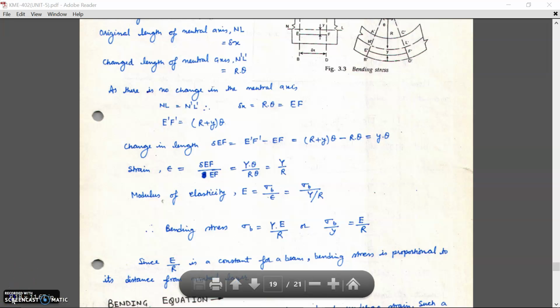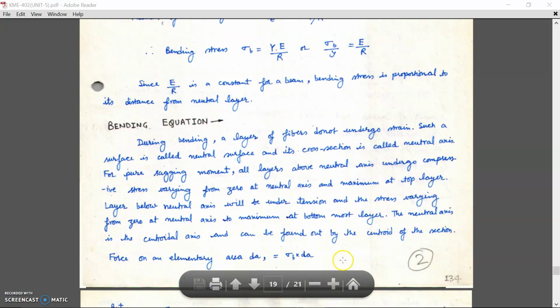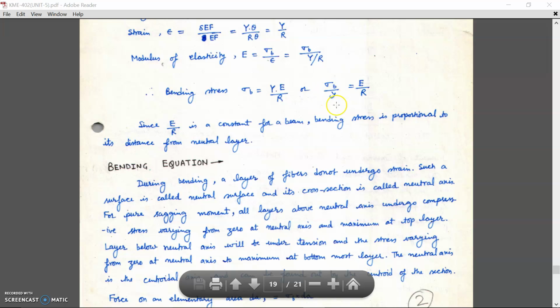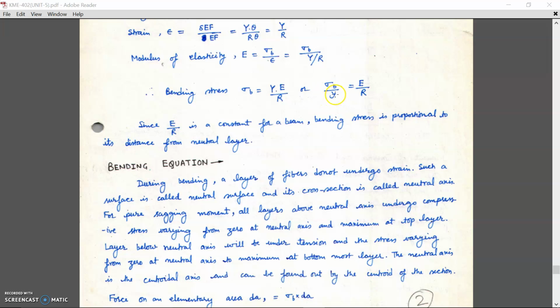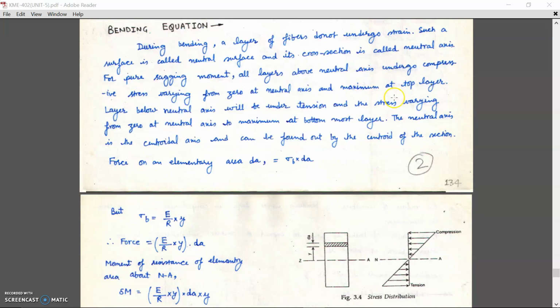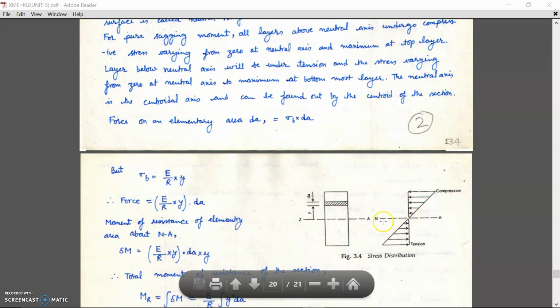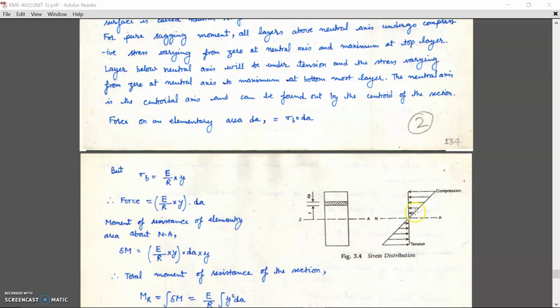Okay. Now just now we discussed that sigma b is directly proportional to y. How was that? We concluded that sigma b upon y is equal to E by r, and E by r was constant. So sigma b is directly proportional to y, right? Okay. If it is so, then it has given me this line. What is this?